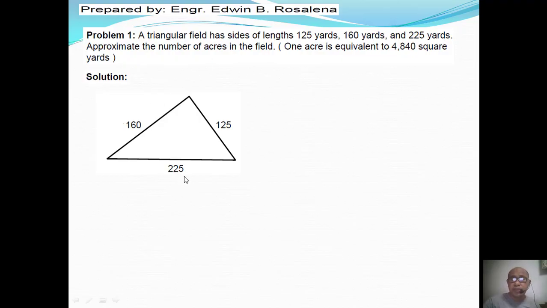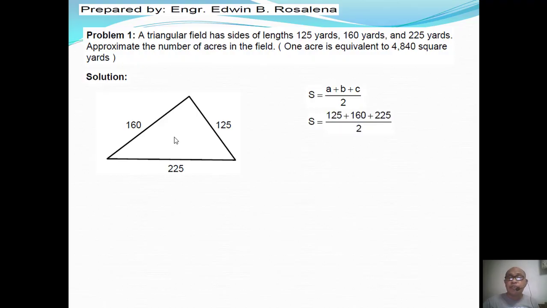125, 160, and 225. So, in order to solve for the area of the triangular field, since we are given three sides, we can apply Heron's formula. Applying Heron's formula, S is equal to the semi-perimeter.